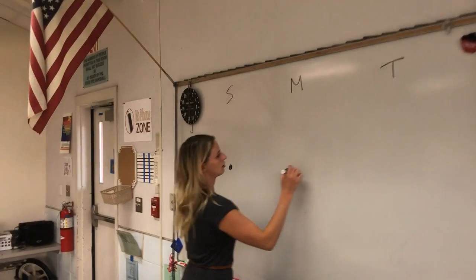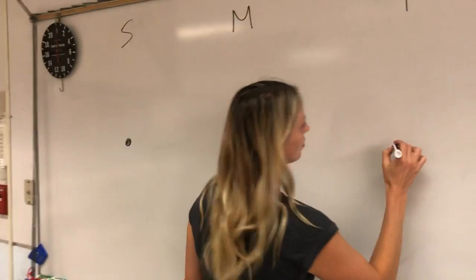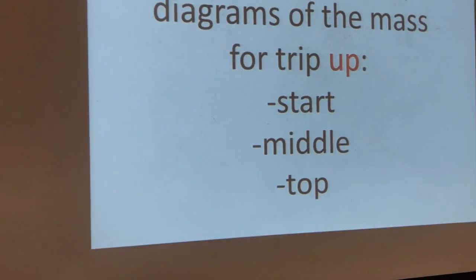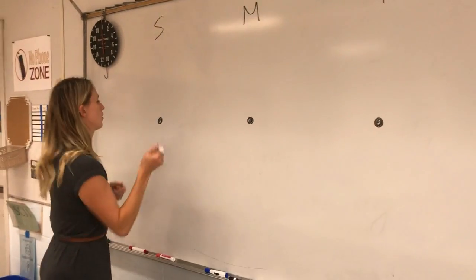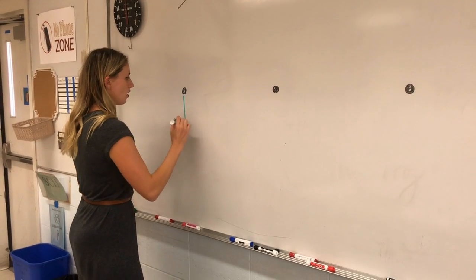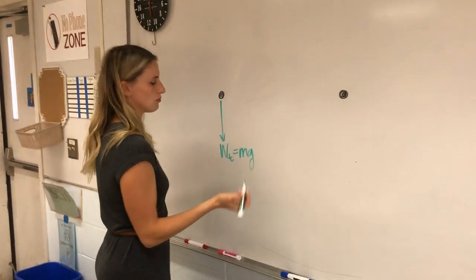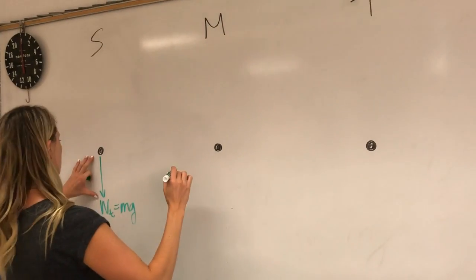What do we say was always going to be the same? The force of gravity, also known as the weight, and that was m times g.